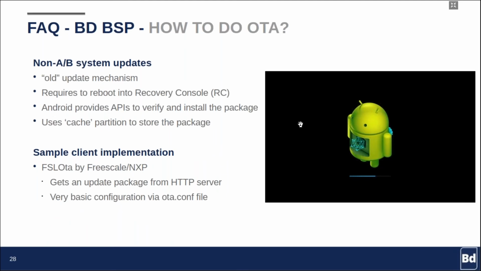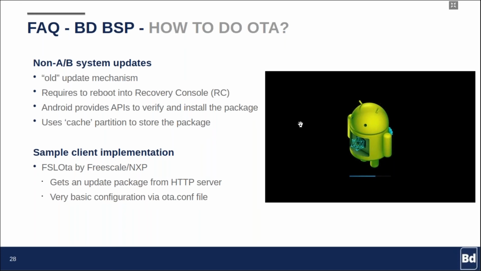Then comes the question about the OTA. As we said, we have some customers with very small storage requirements, so we decided to stick to the non-AB system. When you use an AB system, you have a duplication of all the partitions. You have partition A and partition B for all the different partitions, and that allows you to update the other partition while still running on the first one, and roll back and so on.